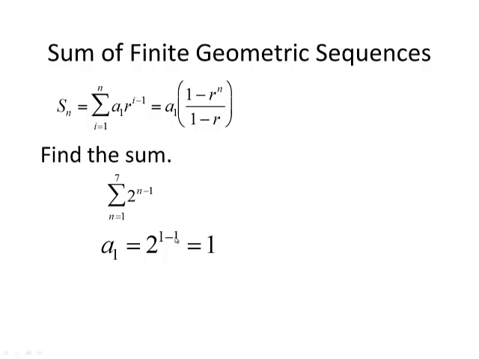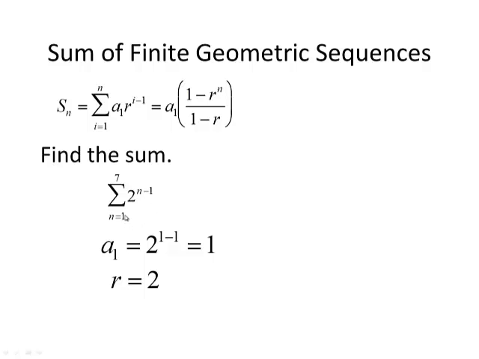And 1 minus 1 is 0, 2 to the 0, or anything to the 0 power is 1. So you notice that the 1 was actually the coefficient in front of my 2, and the 2 is my common ratio. It's the base of my exponent. Whatever is the base of the exponent is always going to be my common ratio. The first term is the one that's a little tricky to find.